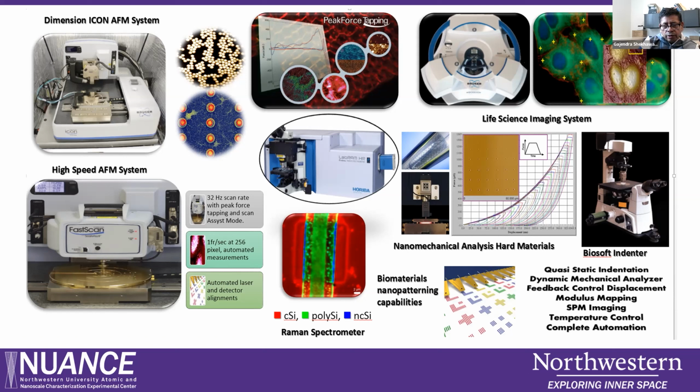You can also do nano DMA, dynamic mechanical analysis, and measure the loss and storage moduli. And we have the soft indenter, for mechanical property measurements of soft tissues, like ovaries, teeth samples, and other biomaterials.